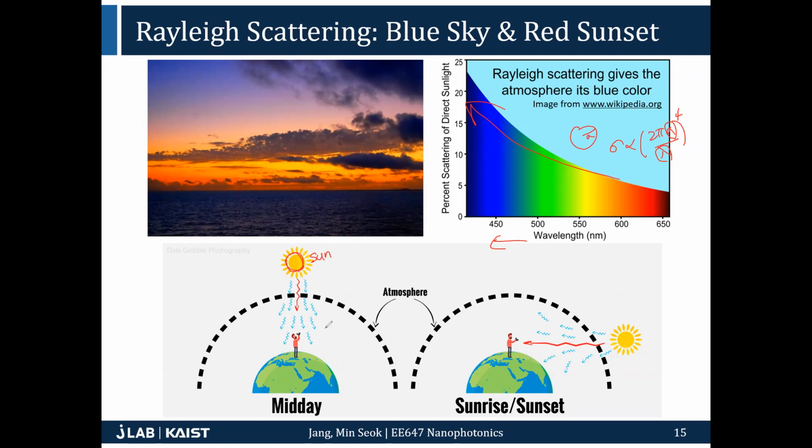The sun has all spectrum of light, from blue to red. When you say the sky is blue, you are not looking directly at the sun, but at the sky, like here. What you are looking at is actually the light scattered by the atmospheric particles, right?